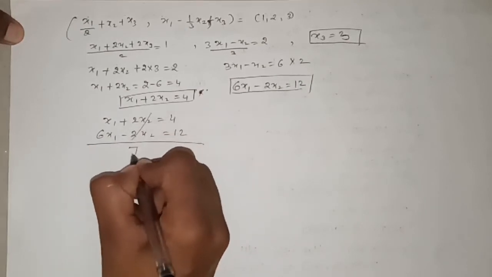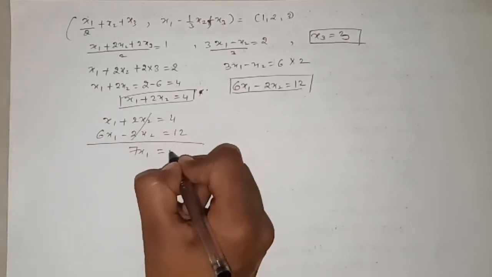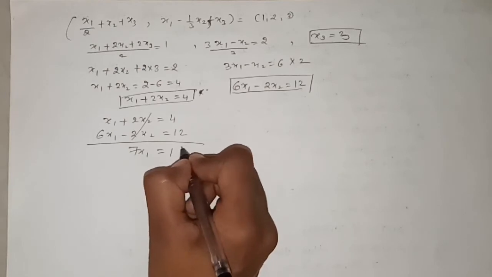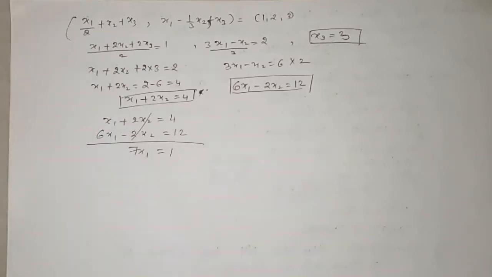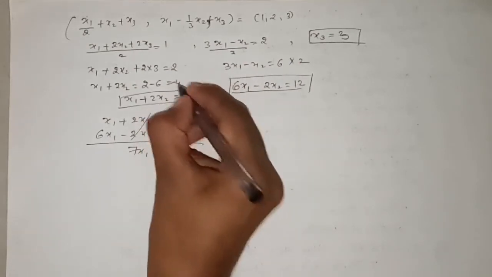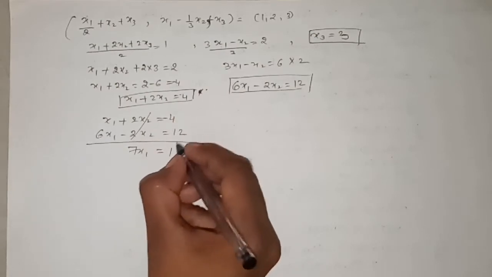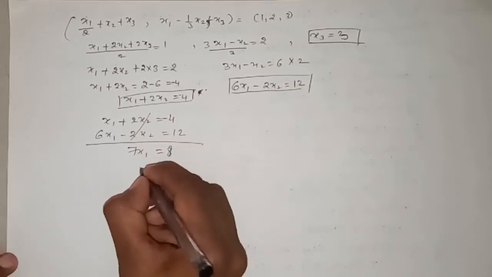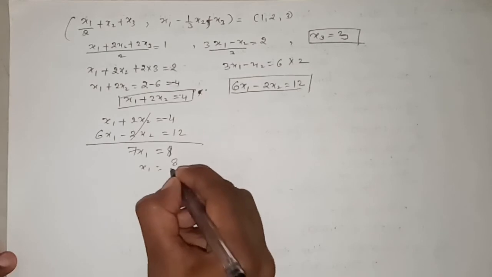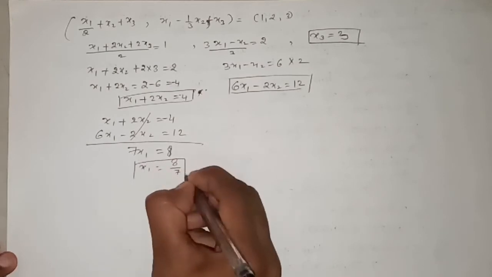This gets cancelled. 7x1 is equal to 12 - 4, so 12 - 4 is 8. Therefore, x1 is equal to 8/7. This is our first value.